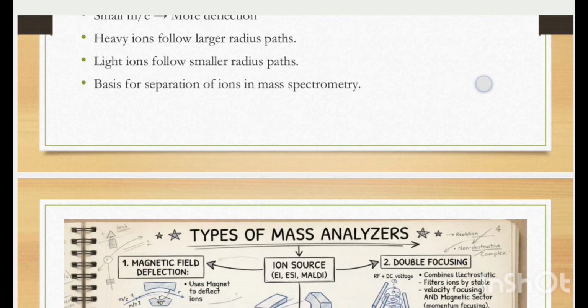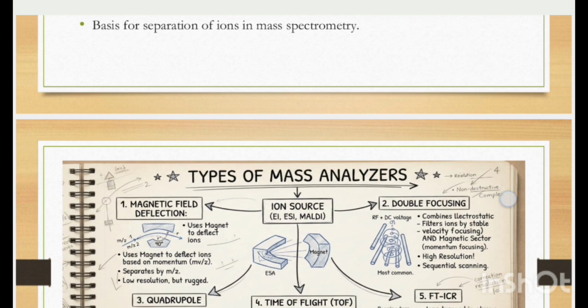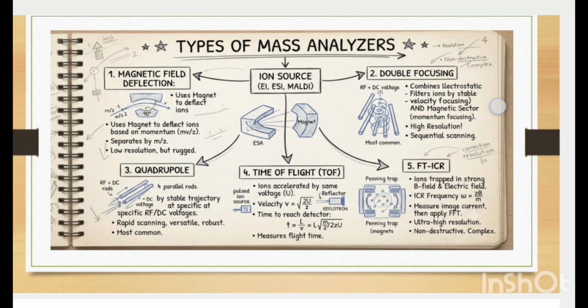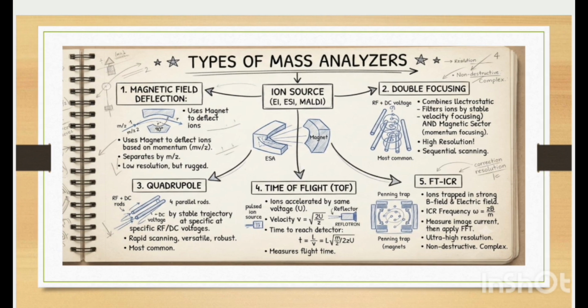After that, we discuss the types of mass analyzers. Different instruments use different mass analyzers. The major types are the magnetic sector analyzer, double focusing analyzer, quadrupole analyzer, time of flight or TOF analyzer, and FT-ICR analyzer.